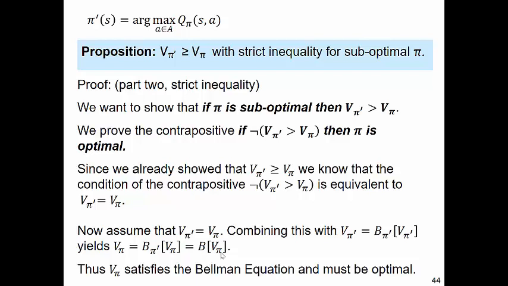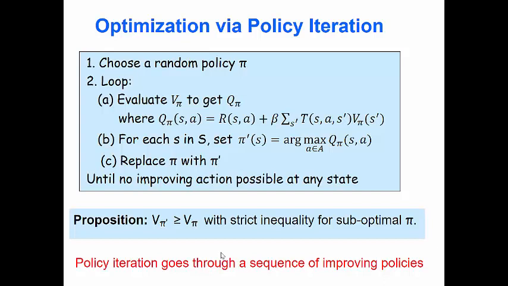It's one of the most basic operators there is, and it's the basis for a lot of algorithms, including a lot of reinforcement learning algorithms. So it's good to at least see that there is a proof of it working in this exact case where we know the full MDP.